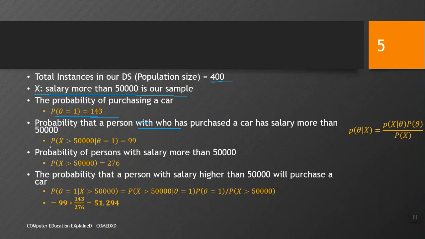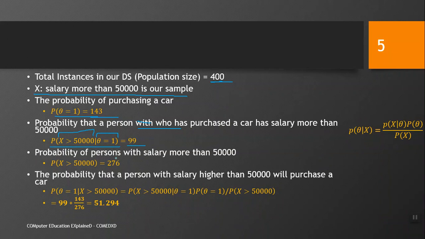This is wrongly written over there. So a person who has purchased a car, what is the probability that his salary is more than 50,000? It's not equal to 50,000, it's more than 50,000, so we will be working with something like the CDF. There are 99 instances.